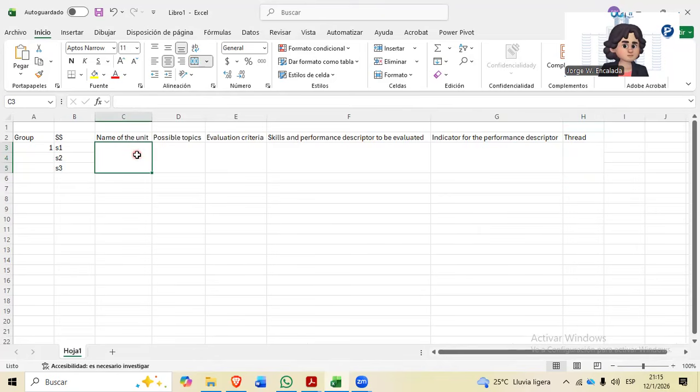Okay, so this is today's activity. This is what you are going to do with your team. You have to fill out this little template with the correct information. Now, the big takeaway of this class is that you leave the classroom with a proper evaluation criteria, a skills and performance descriptor, and an indicator as a curricular thread.